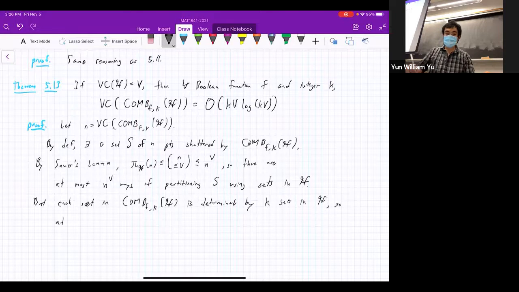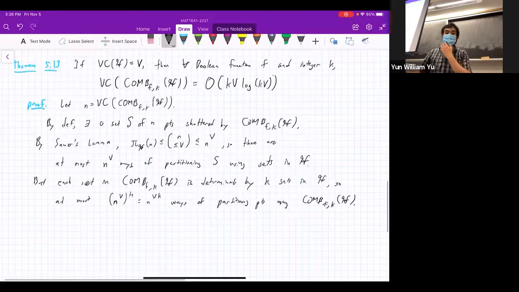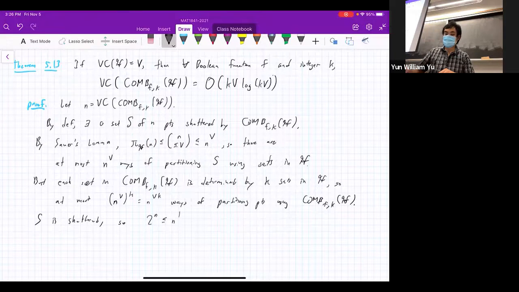So that means at most n to the v to the k, which is n to the vk, ways of partitioning points using f_k of H. But we know that S is shattered. So that means 2 to the n must be less than or equal to n to the kv. Okay, so this is just by definition. And that implies that n is less than or equal to kv times log base 2 of n.